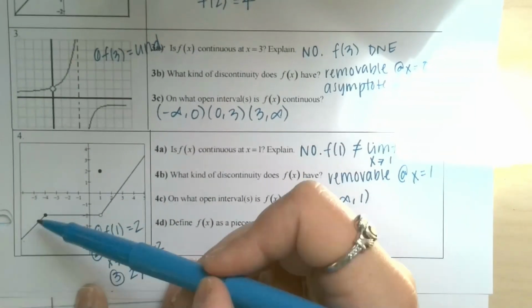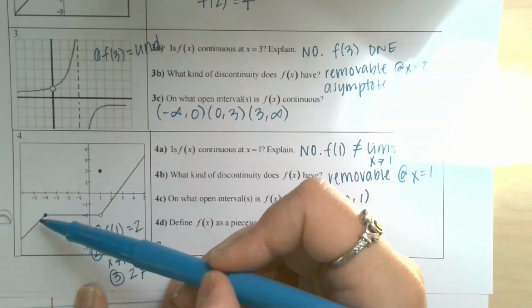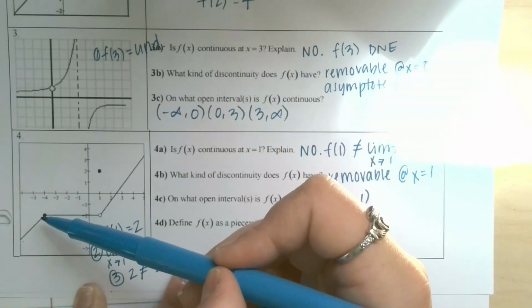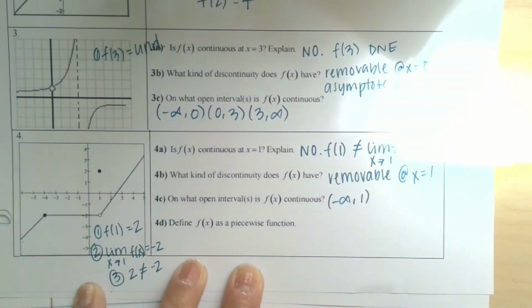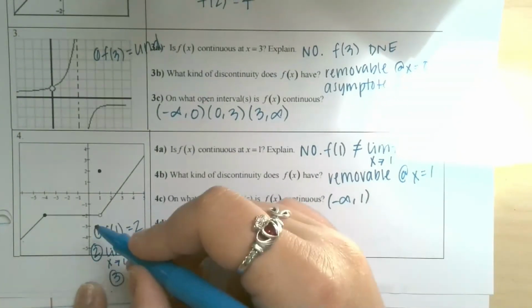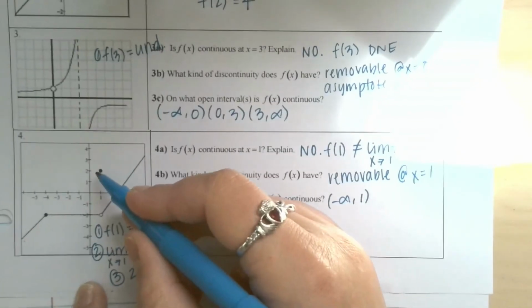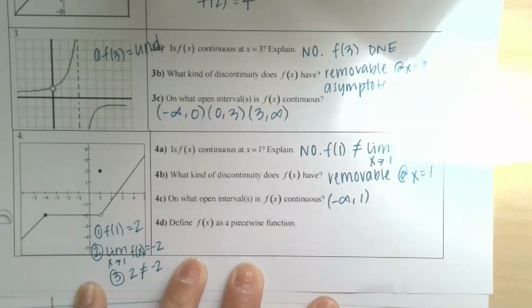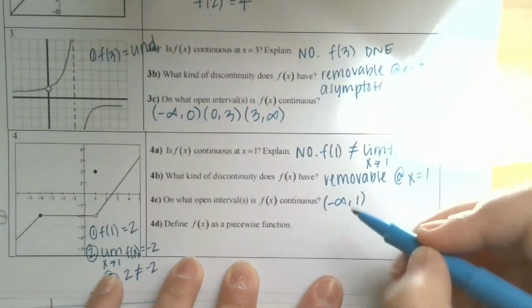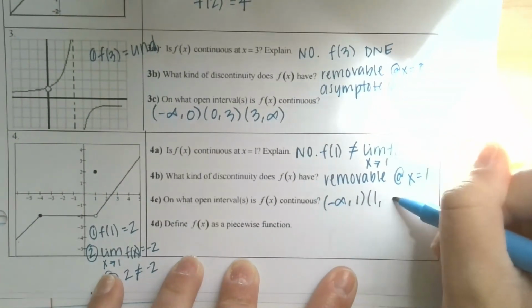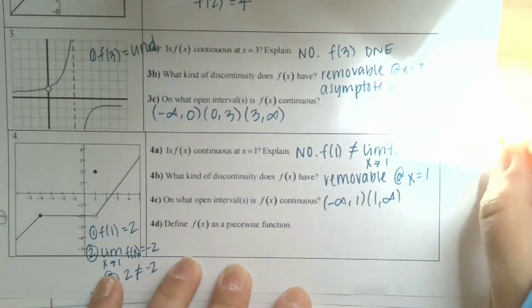So that's all that is. You can still draw this without picking up your pencil, right? Because it's already filled in, so you can just keep on going. But since we have this open circle and a point up there, that's where we're running into the issue. So we can continue this from 1 all the way to infinity, right?